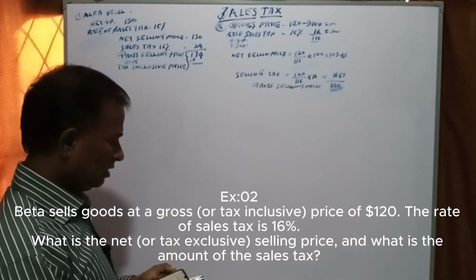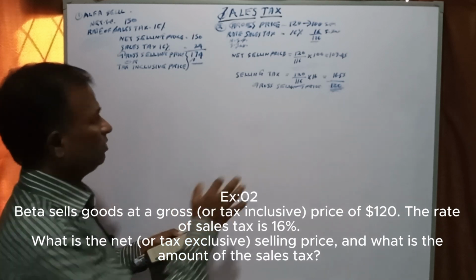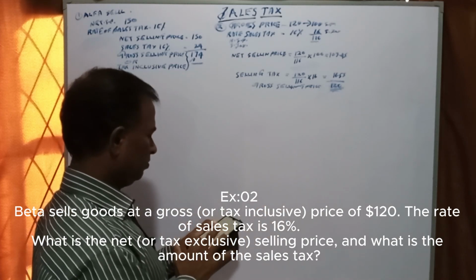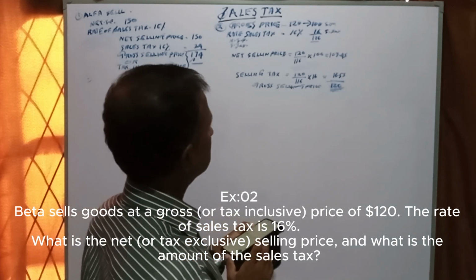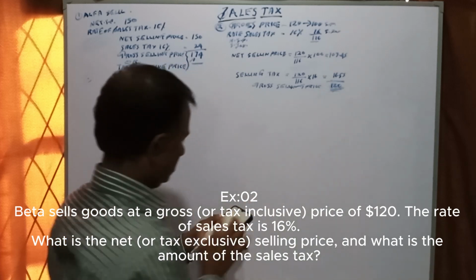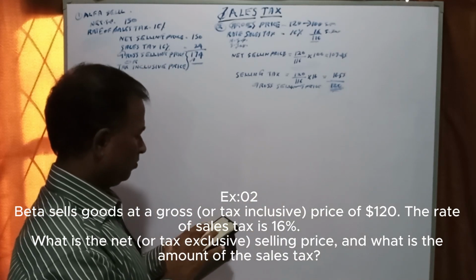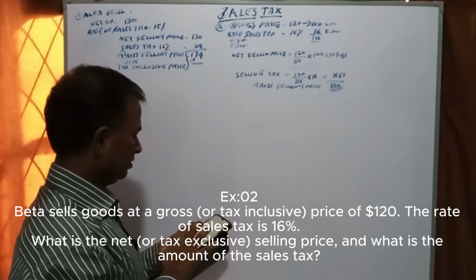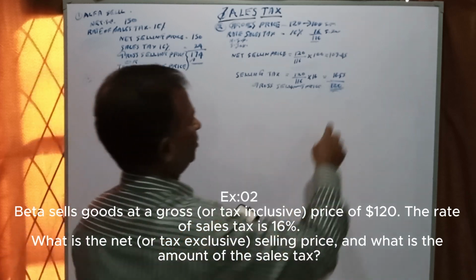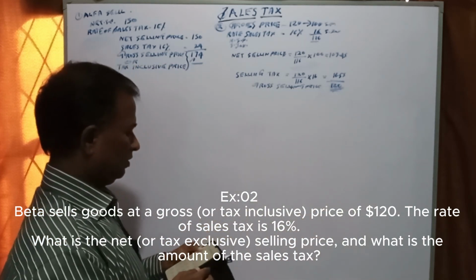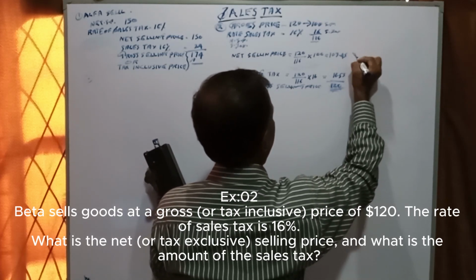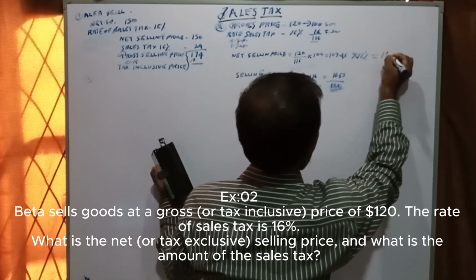We can cross check this amount. Applying 16 percent to the net selling price of 103.45 gives 16.55.